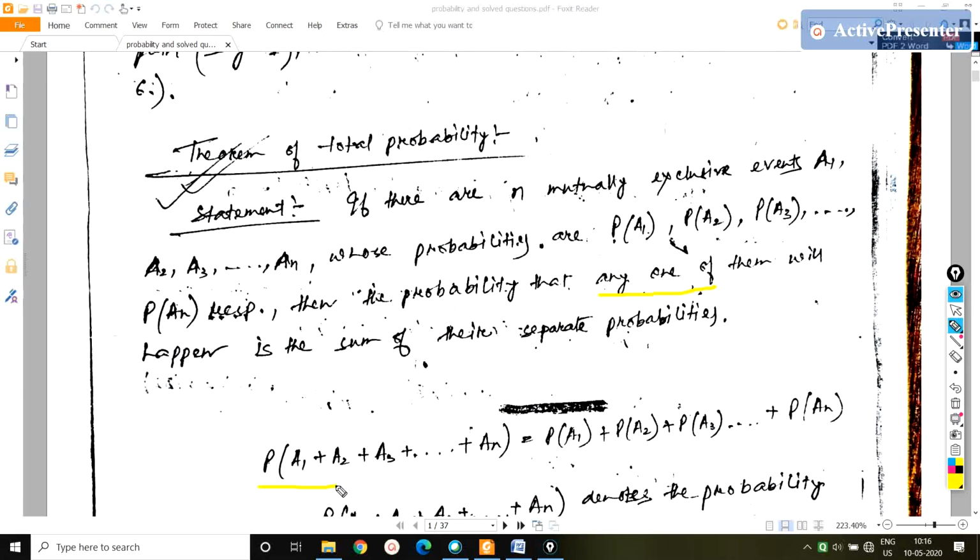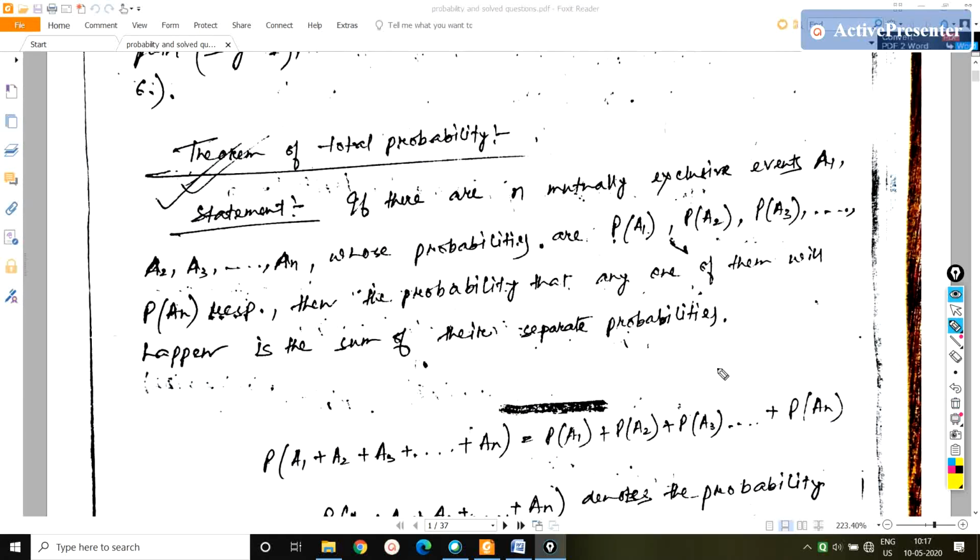So this is the mathematical statement: P of A1 plus A2 plus A3 up to An is P of A1 plus P of A2 plus P of A3 plus up to P of An. Here this is the OR statement.